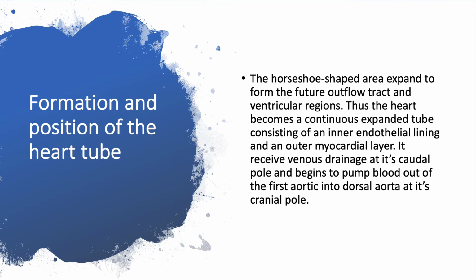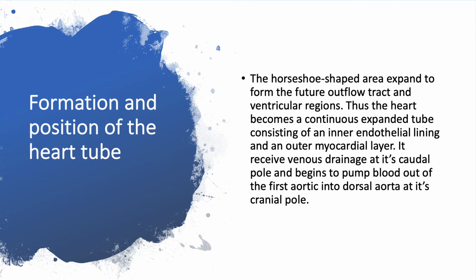Now we come to the formation and position of the heart tube. As I said before, the horseshoe-shaped area that was formed will now be expanded, and the result of this expansion is the formation of the future outflow tract and the ventricular region.